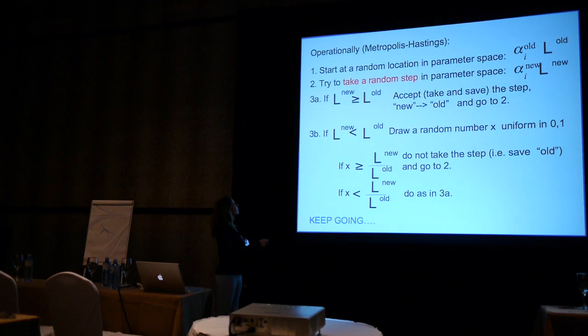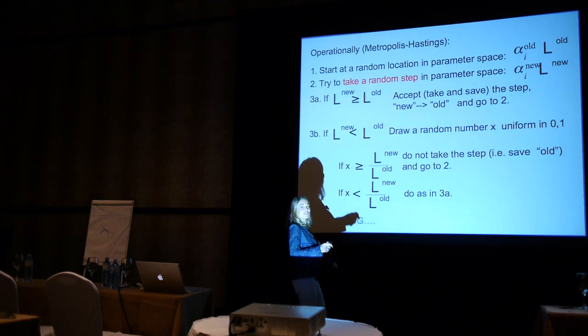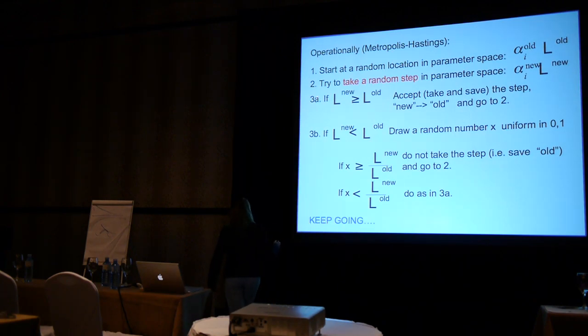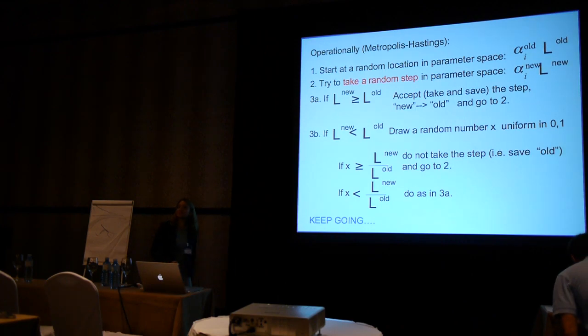Then the new becomes old, and you go back here, take another random step, etc. On the other hand, if my new likelihood is worse than the old one, let's say I went down in this way, you draw a random number x uniform between 0 and 1, and depending on what x comes out and the ratio of the likelihoods, you take the step or not.